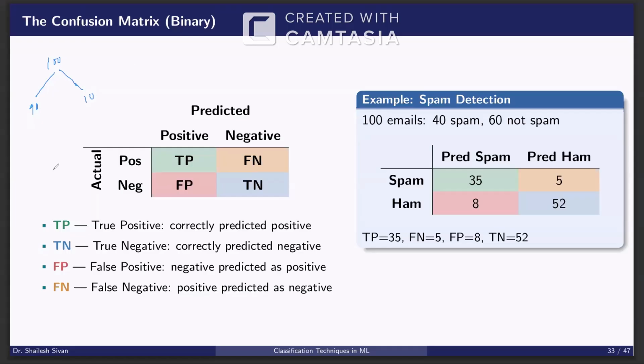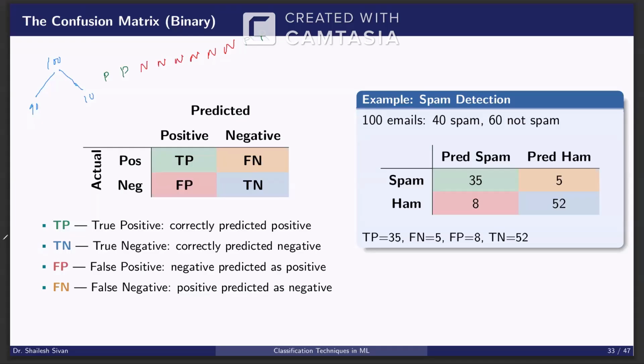These 10 samples are actually labeled as 6 negative samples and 4 positive samples. Is that fine? These are the actual labels.